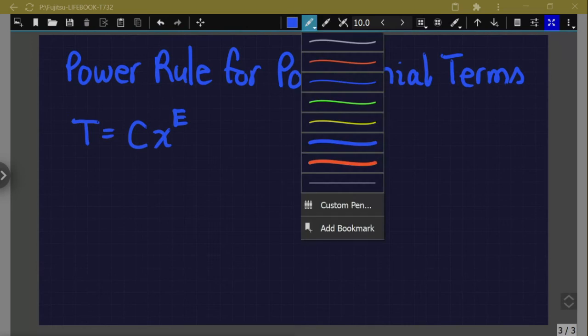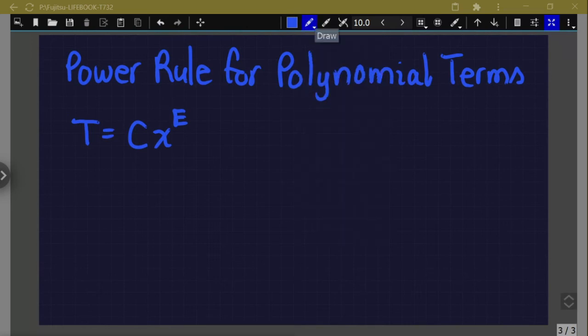And what we do in order to take the derivative of that term is that we say t prime for the derivative is going to be equal to, the e will go down and will multiply by the c, so we will have c times e, my apologies, ce times x to the e minus 1, and that is the constant one, right, minus an actual one.